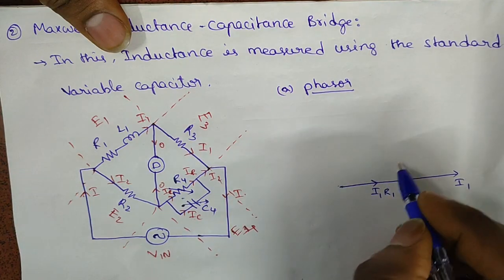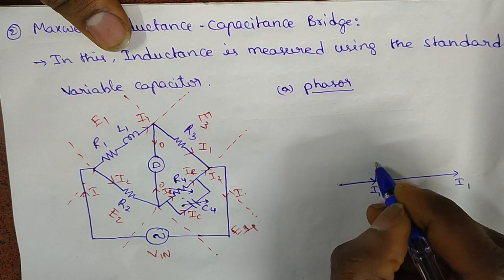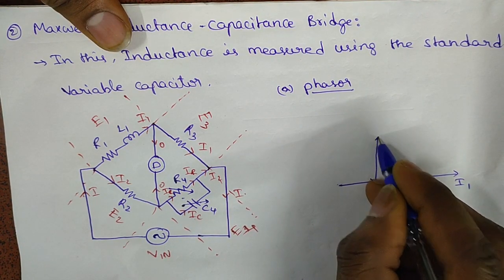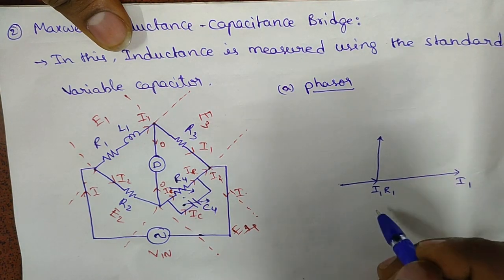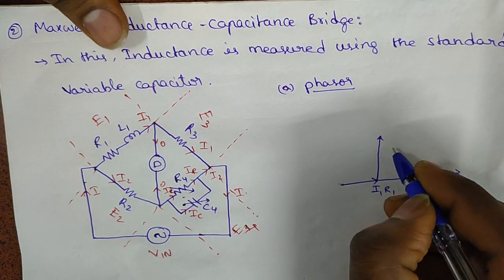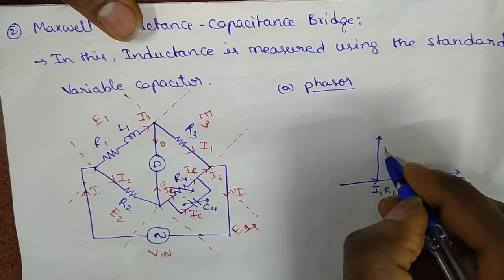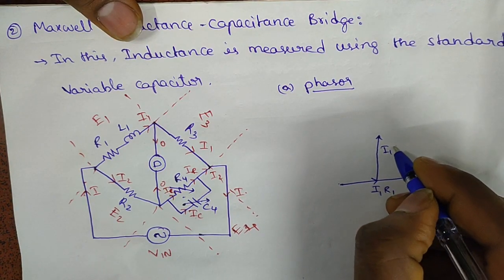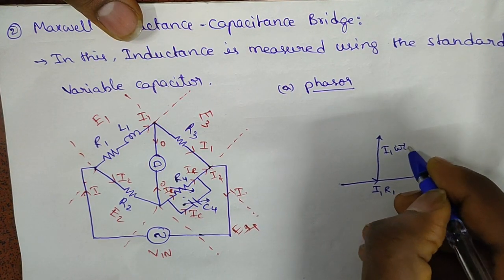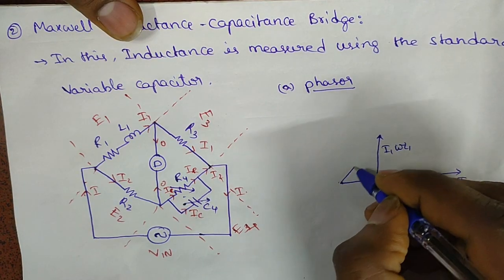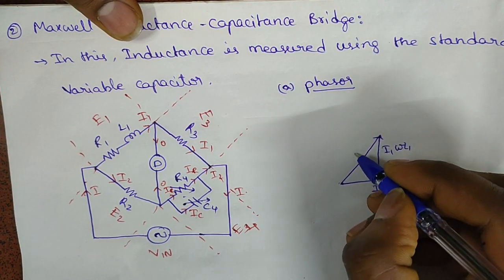The inductor drop is j omega L, that means 90 degrees to the resistance, that is I1 omega L1. So the resultant will be total voltage E1.